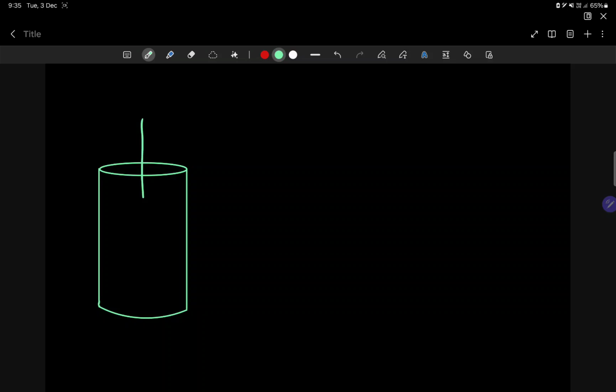So now see, this is our solid conducting wire, and this is the axis of the wire.